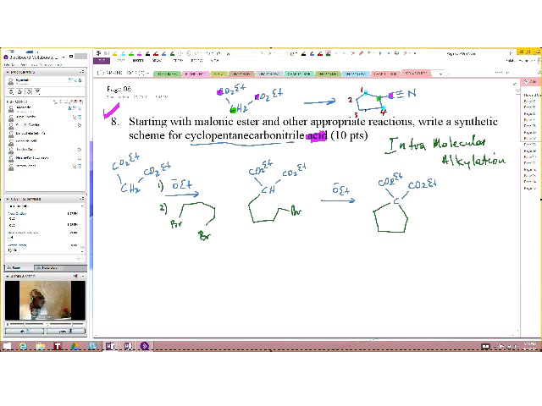Okay, yes. You now want to do hydrolysis. Very good. Once you do your hydrolysis, you want to transform this ester functionality to a carboxylic group. So now you have this.